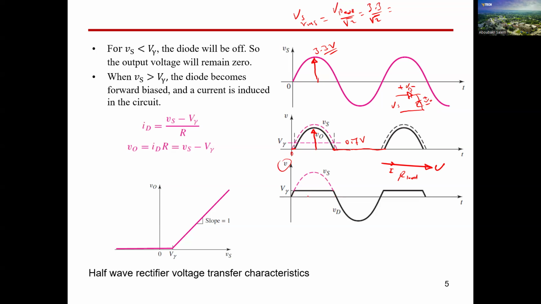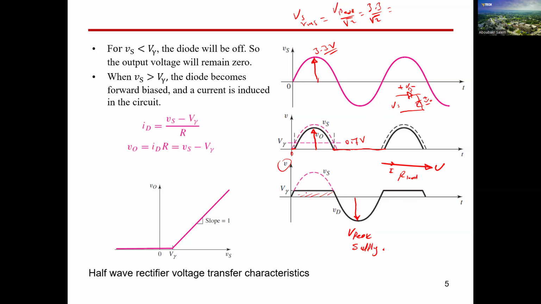So here we have V gamma. The peak value here is V gamma. And during turn off, V diode equals the same value of the supply volt. So this means the peak volt we have here is the same V peak of our supply, for instance, according to our example, 3.3 volts.